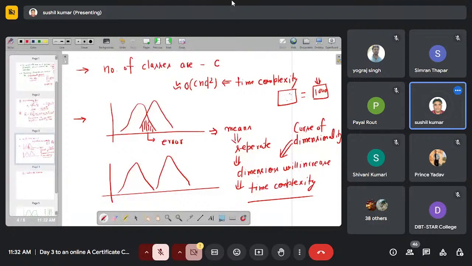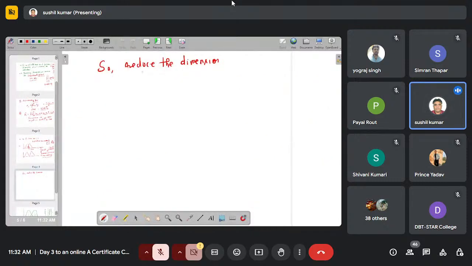So what we will do is reduce the dimension with some technique, while having efficient separability. We will consider both things at the same time.